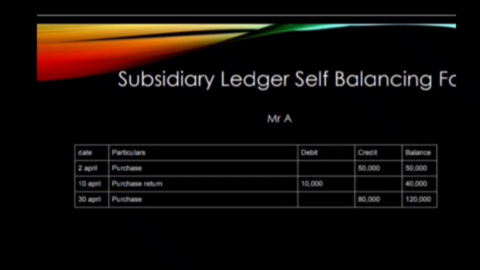Now the balance shall be 120,000. Why is the purchase written on the credit side? It is actually the balance of Mr. A's account, and this is supposed to be a liability. Therefore, the liability is written on the credit side. This purchase return and purchase are just the reasons why it is being credited and why it is being debited.